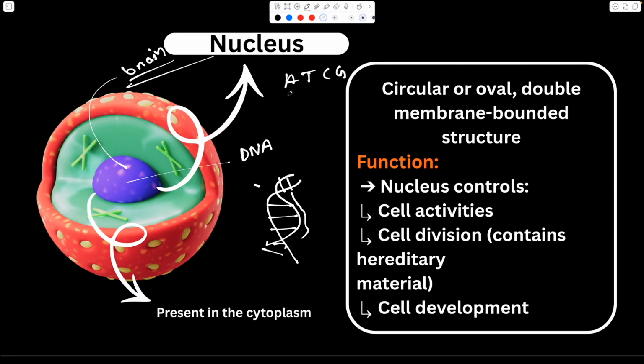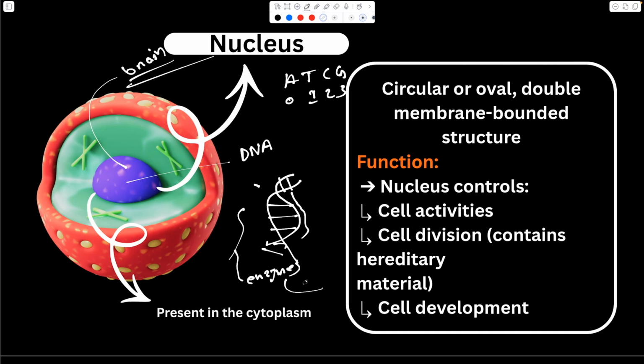So you can think of it as 0 1 2 3. These make up the code of the cell. They contain the code to produce proteins, hormones. These proteins are folded to form enzymes. Then these enzymes control the cellular activity. Hence the nucleus controls the cell activities.